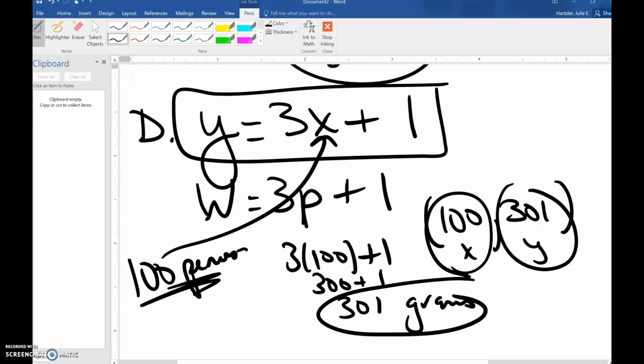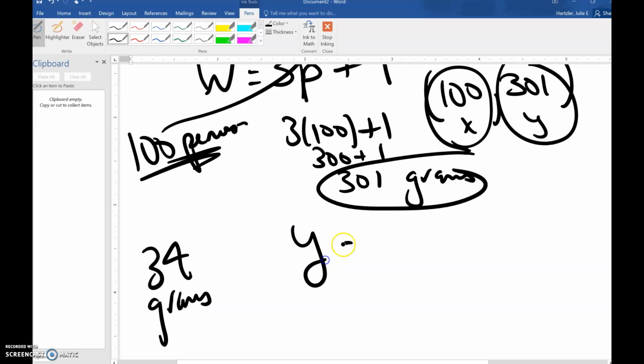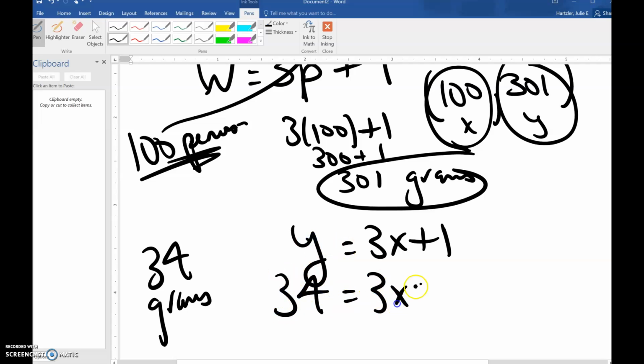All right, and then the next question, part F, they give you 34 grams. So this time they're giving you the output. So if your formula is this, input is penny, output is weight. Now I want to solve for x. All right, but notice there's adding in the problem. So again, you have to undo add and subtract before you can multiply or divide.